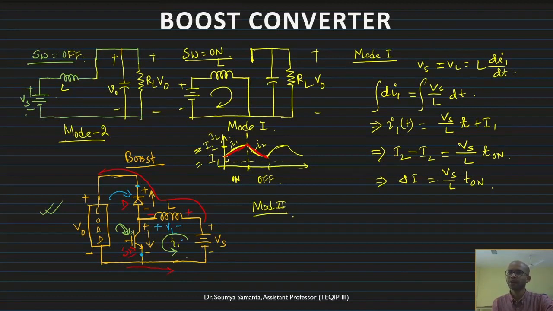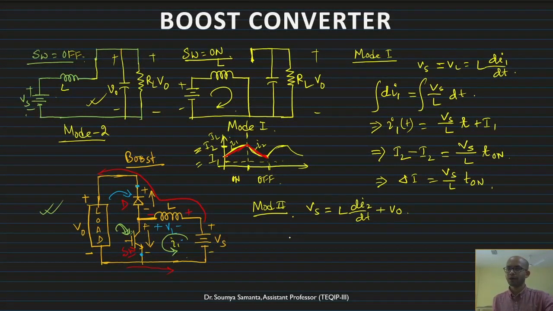Now similarly for mode 2, the delta I means there is a change, which we can find: Vs by L is the slope, and T on. Now similarly for this case, we can write Vs equals L di2/dt plus VO, where VO is the output voltage.